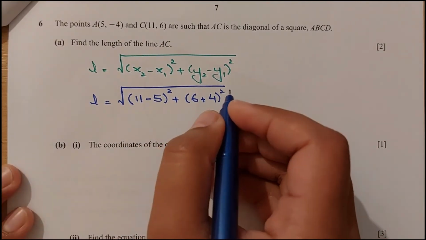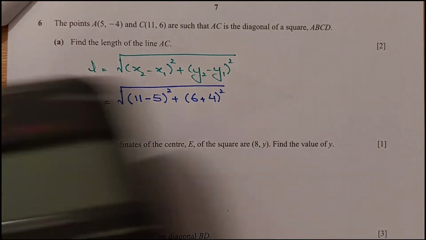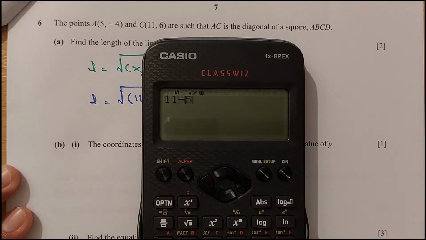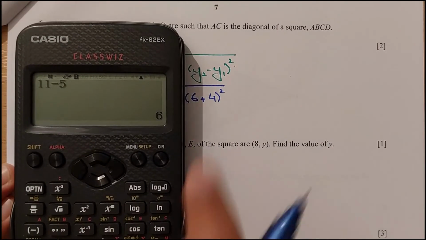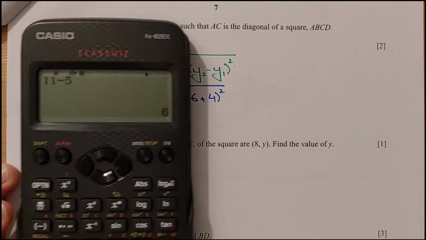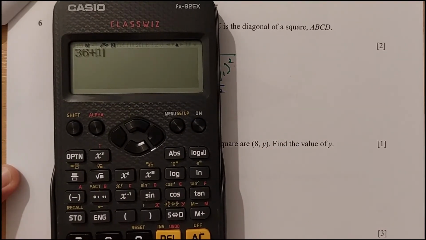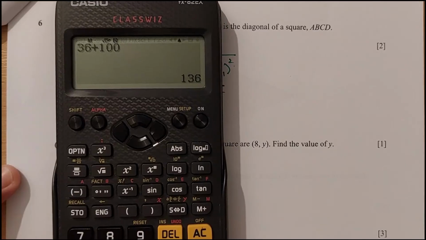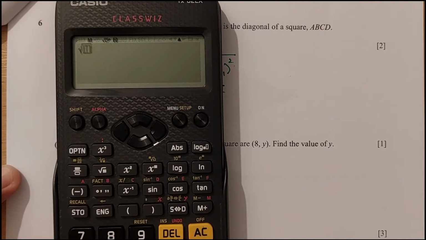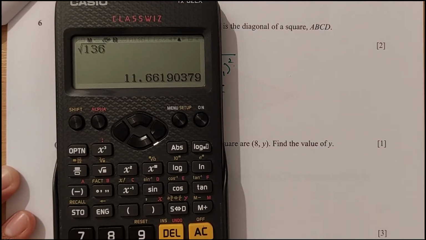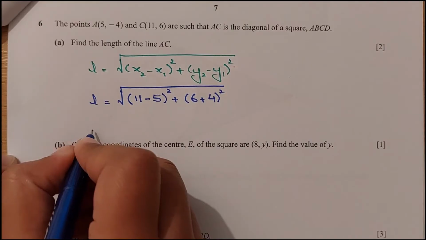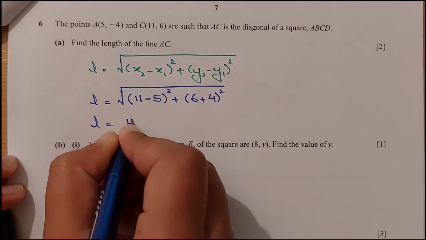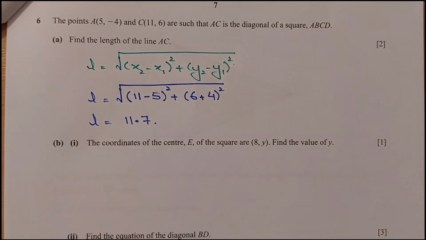So 11 minus 5 is 6, squared is 36, and 6 plus 4 is 10, squared is 100. So 36 plus 100 is 136, and what is the square root of 136? That is equal to 11.66, or we can say 11.7. So the length of the line AC is 11.7.